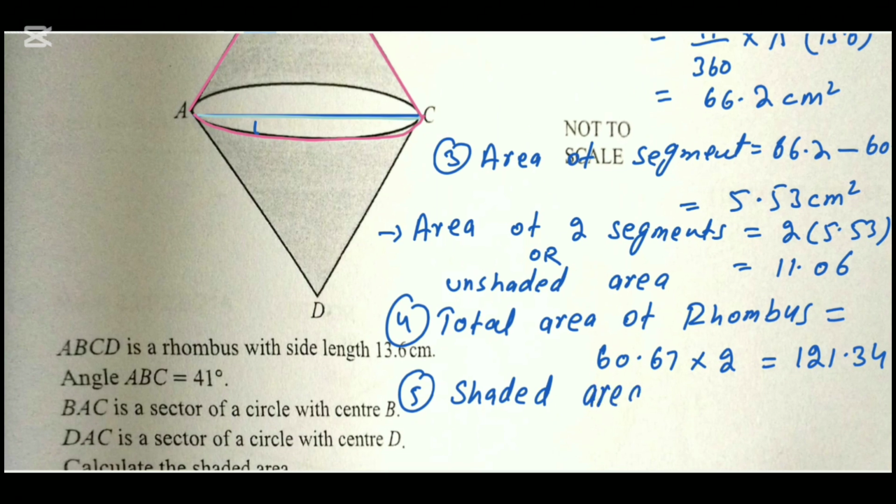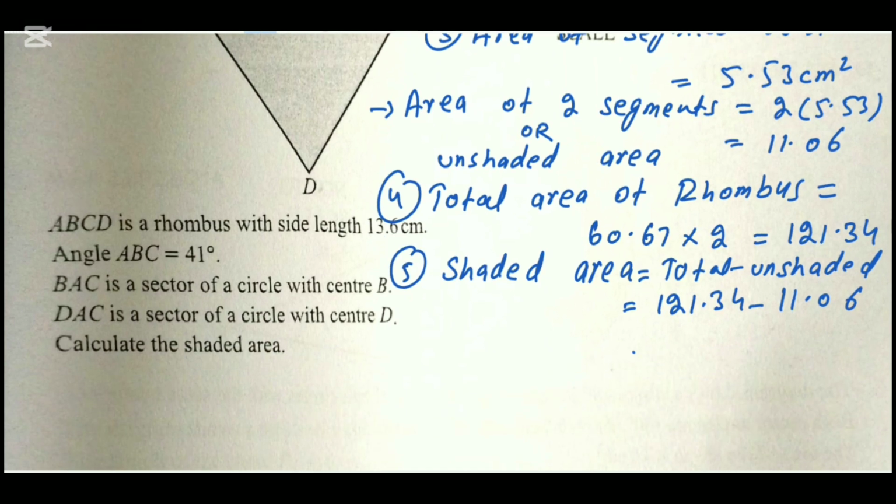So this is what we will do: total minus unshaded. The total is 121.34 minus unshaded 11.06, and that will be 110.3 centimeters square.